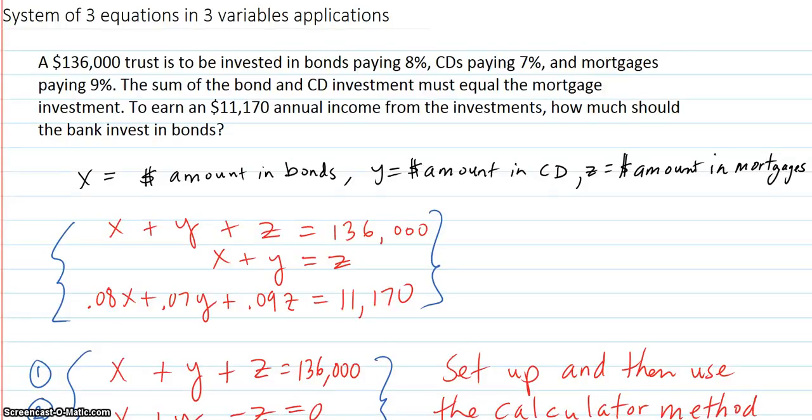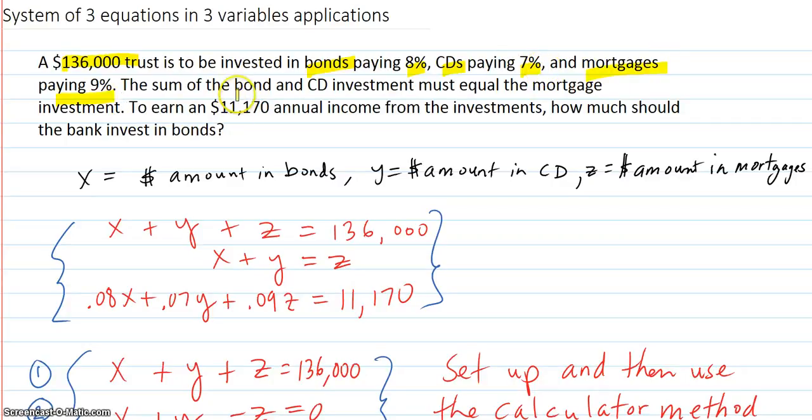System of three equations in three variables applications. So you have your $136,000 trust. So that's money to be invested in bonds at 8%, CDs at 7%, and mortgages at 9%.